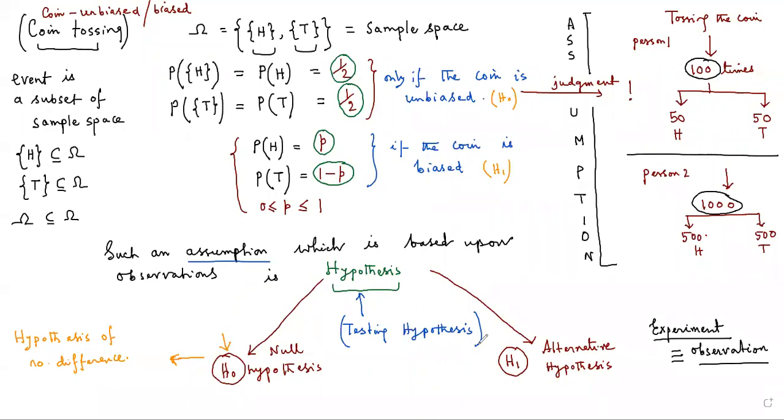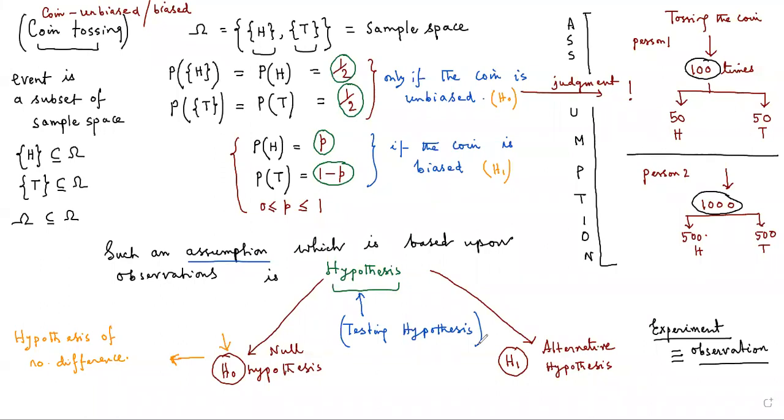Okay, otherwise, be it biased or unbiased, P(H) = 1/2 and P(T) = 1/2 is a probability distribution. P(H) = p and P(T) = 1 - p is also a kind of probability distribution. Okay, it is more general. So hypothesis testing is the objective of the entire course.